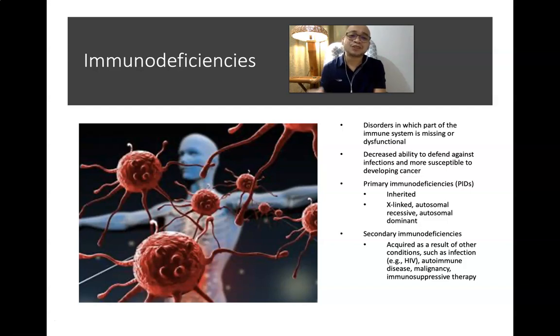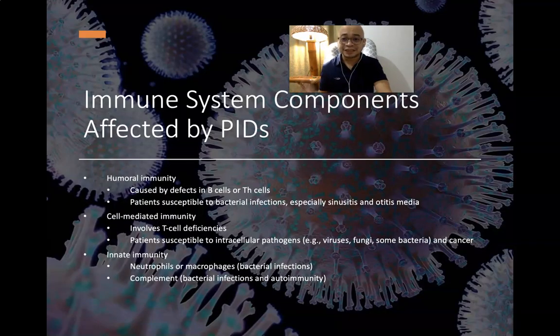It could also be due to autoimmunity, malignancy, or, for those patients who have just undergone tissue transplant, they are taking immunosuppressive drugs, and that would also make them immunodeficient. So these are examples of secondary immunodeficiencies. For this particular chapter, we will devote ourselves to discussing primary immunodeficiencies.